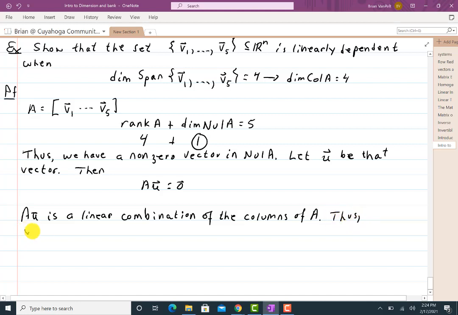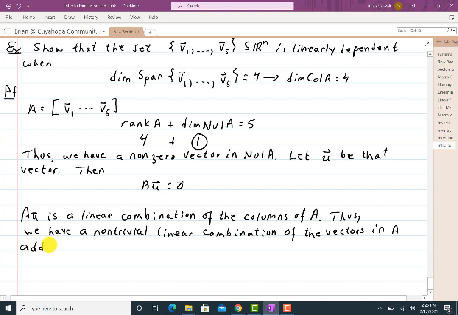Thus, we have a non-trivial linear combination of the vectors in A adding up to the 0 vector. Thus, A is linearly dependent.